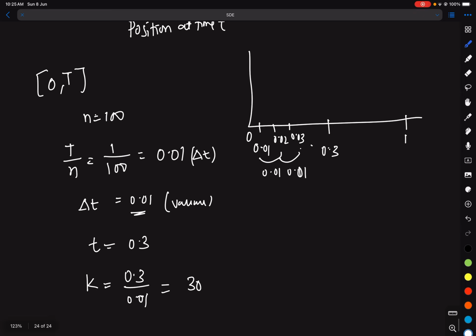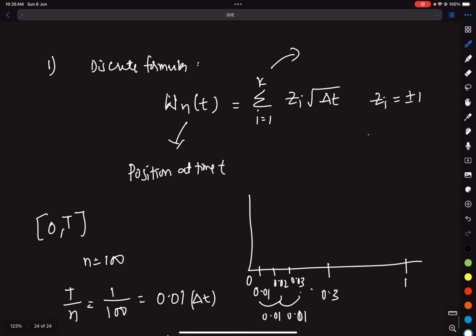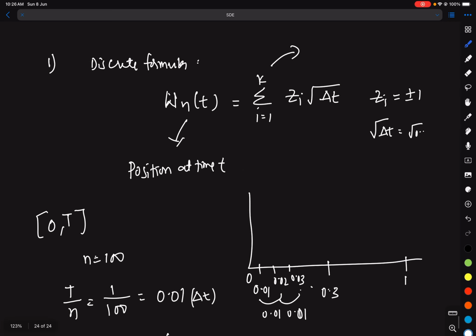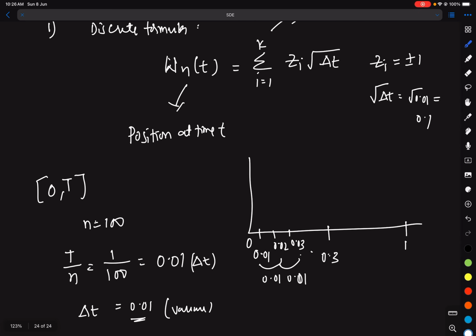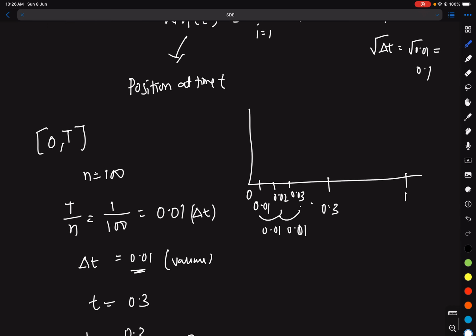And since we already have the variance, we can find the standard deviation, which is the square root of delta t, the square root of 0.01, which equals 0.1. Once we have all the numbers, we can insert them in this formula to get the discrete value for Brownian motion.